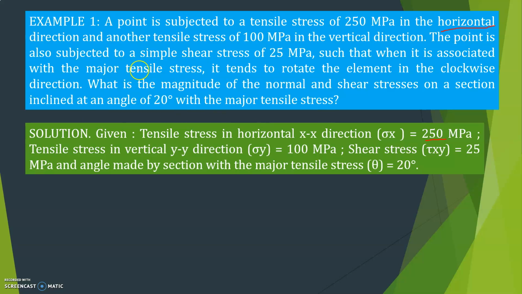Tensile stress in the vertical yy direction, sigma y, is equal to 100 MPa. Next, the point is subjected to a simple shear stress of 25 MPa, that is tau xy is equal to 25, such that when it is associated with the major tensile stress, it tends to rotate the element in the clockwise direction.